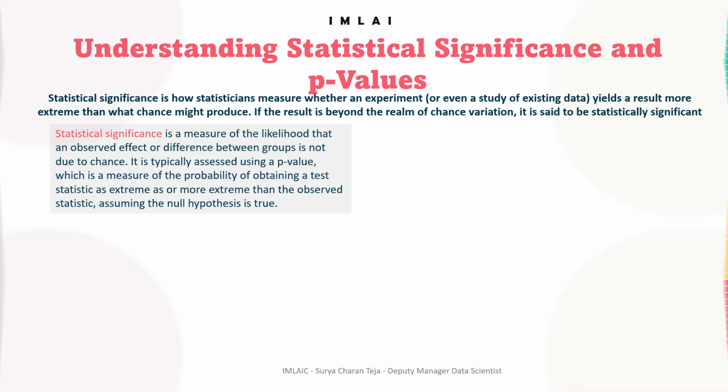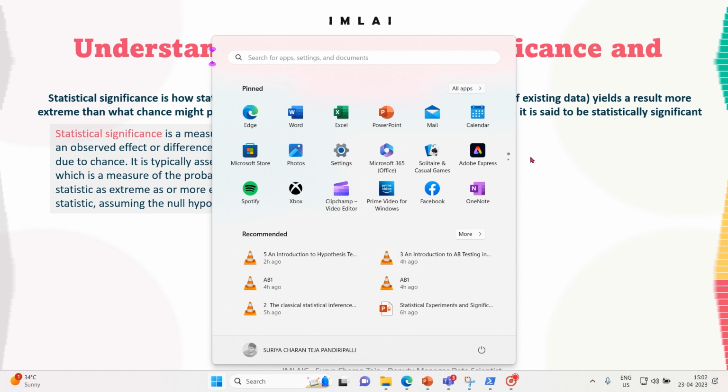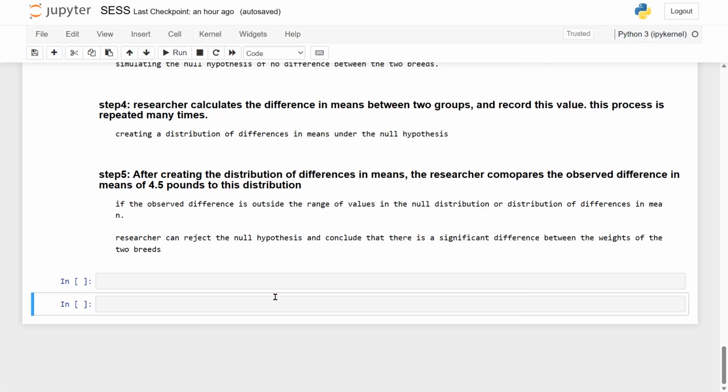The p-value is often used as a threshold for determining statistical significance. So this one is statistical significance and p-value.